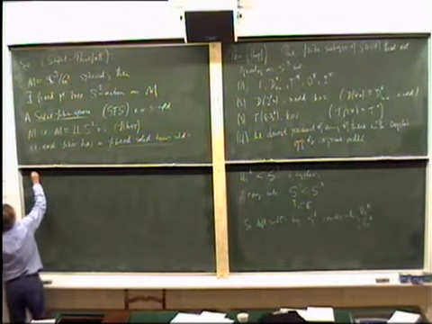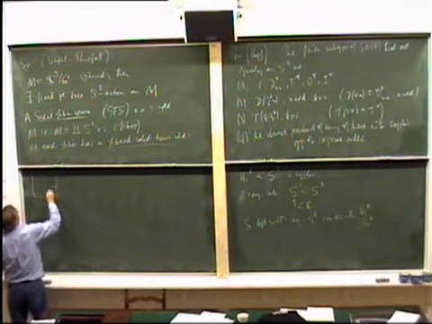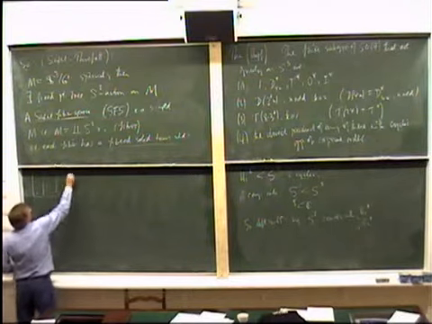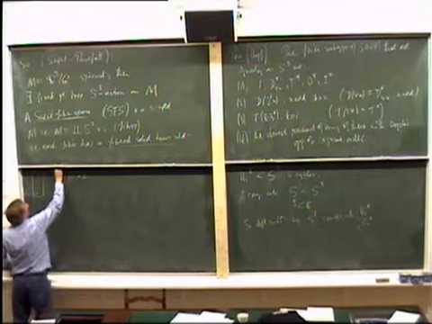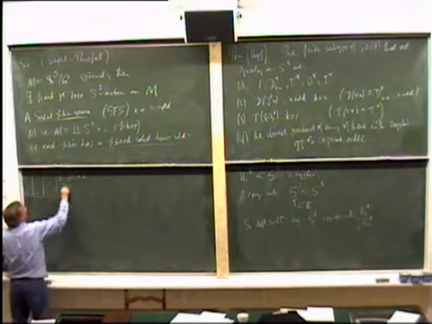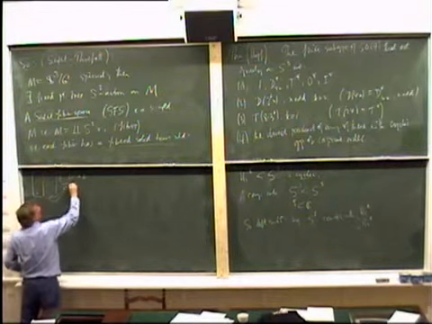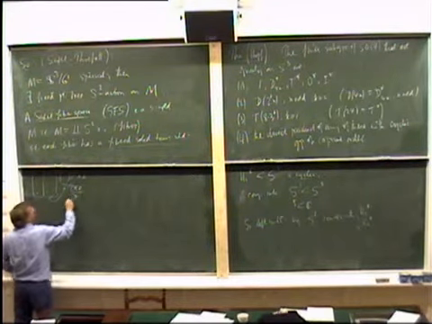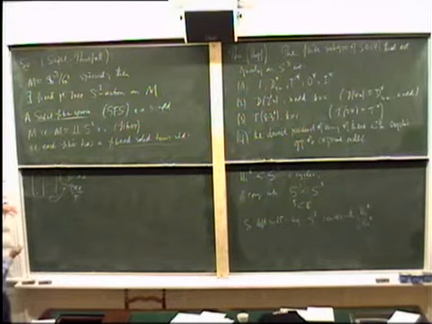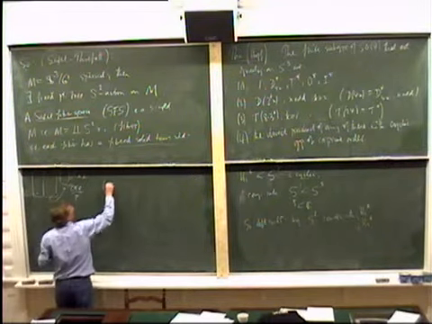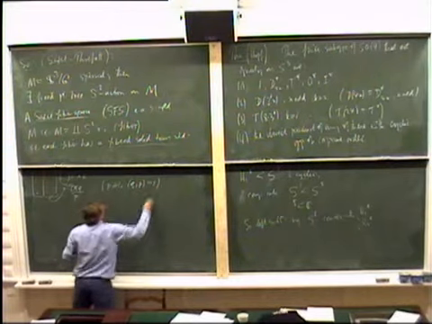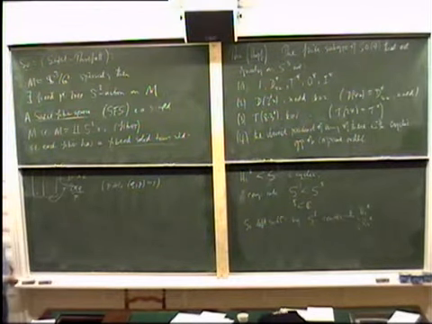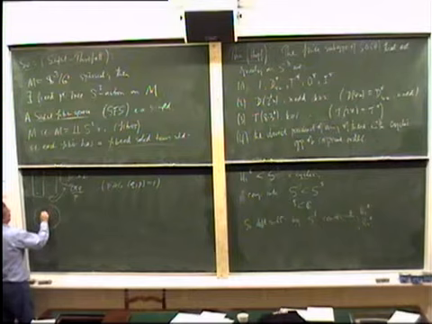So you just think of taking a cylinder, D2 cross I, and now identify the two ends by a rotation through 2 pi q over p. Just twist and identify. So if p is greater than or equal to 1 and q is relatively prime to p, then you get a fibered solid torus.